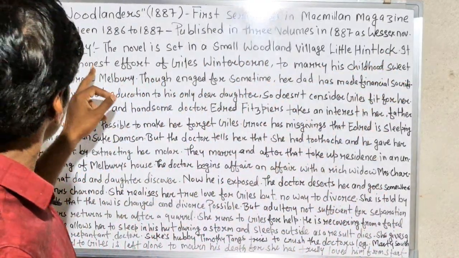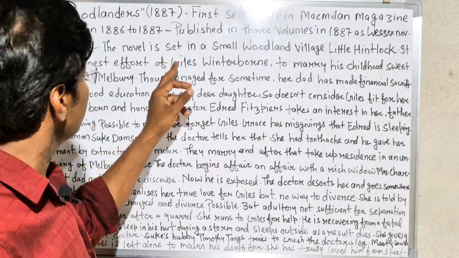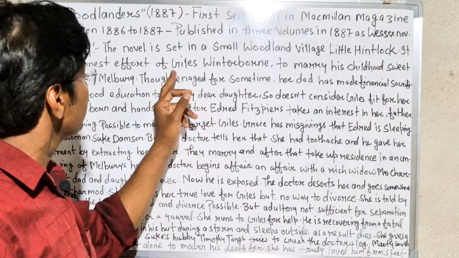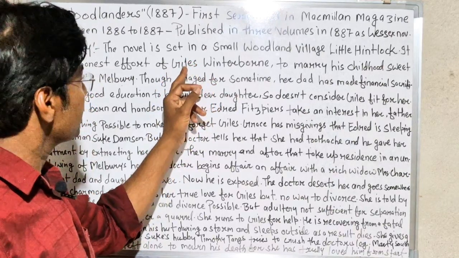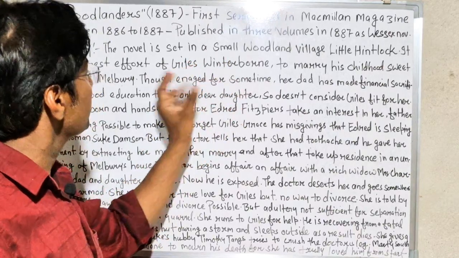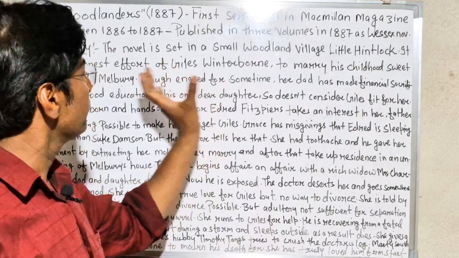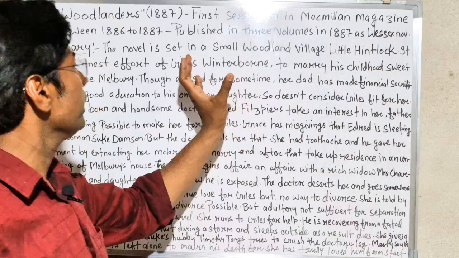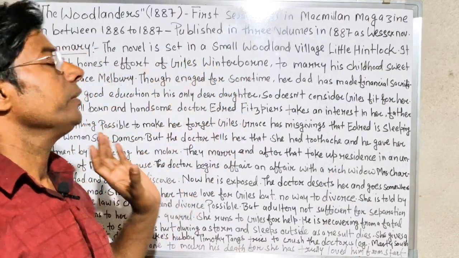It is about the honest effort of Giles Winterbourne. He is the central character of this novel, and it wouldn't be wrong to call him the protagonist or the hero of the novel.